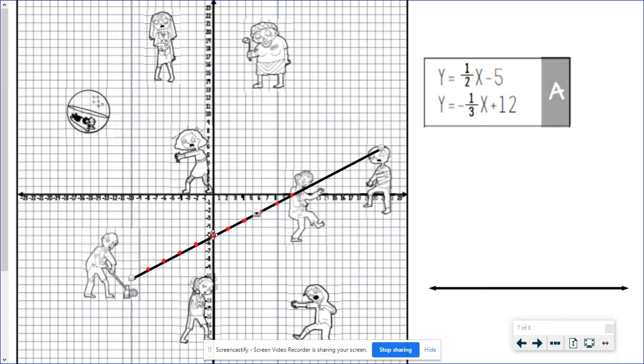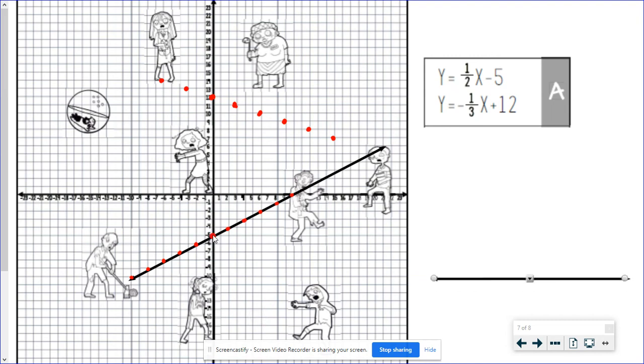Now, the second line starts at +12, right here, and I have a negative 1/3 slope, so down 1 and right 3. Okay, so you can see the direction it's going there. I could also go up and let's see here, 1, 2, 3. So again, this line is going to touch multiple zombies.